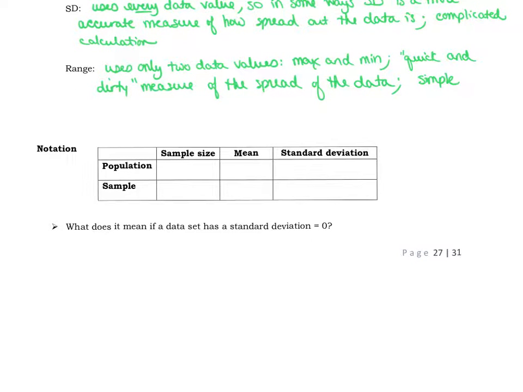So again, some notations here. Some should be review, and they should all be review at this point. We're just going to formalize it. When we're dealing with a population, sample size is a capital N, mean is mu, standard deviation is sigma. Population gets all the big fancy ones, the Greek letters and the capital letter, because capitals are the big letters. So population is N, mu, and sigma.